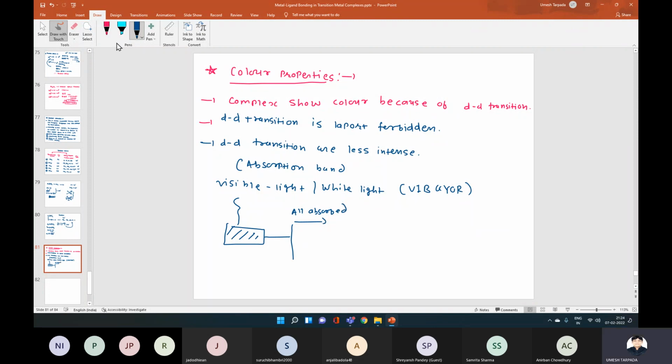Because of a particular reflected light, and the reflected light is a particular color. If the material absorbs all light, then it shows black. If all radiation is reflected, then the material looks white.